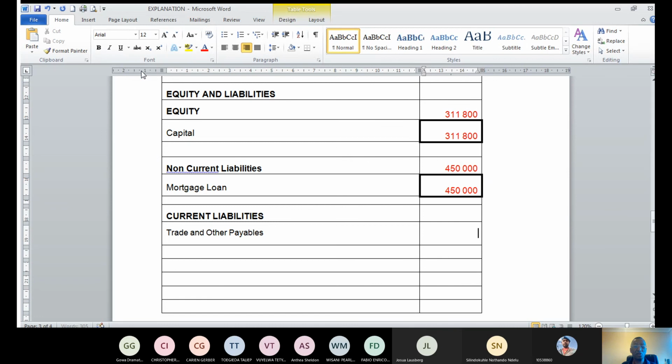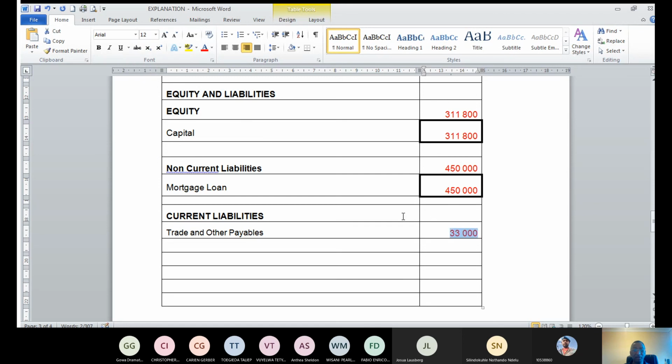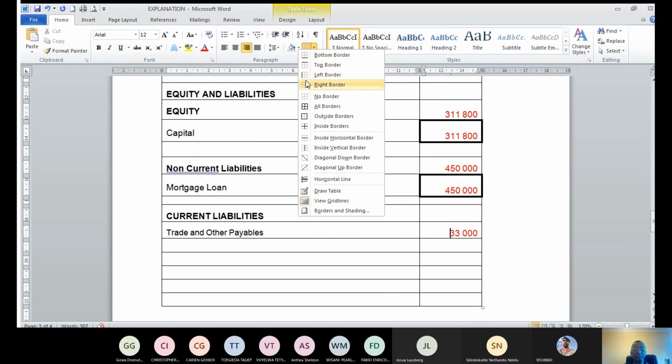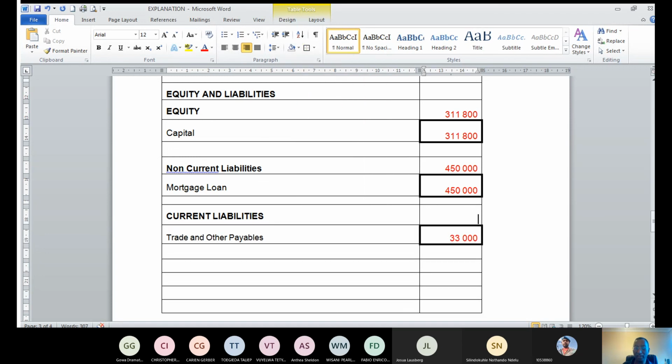And your trade payables control in this activity is the amount of 33,000 Rand. R33,000, trade and other payables. We will block that, of course. And our current liabilities is then the amount of 33,000 Rand.